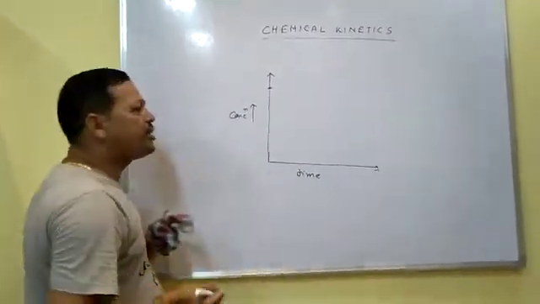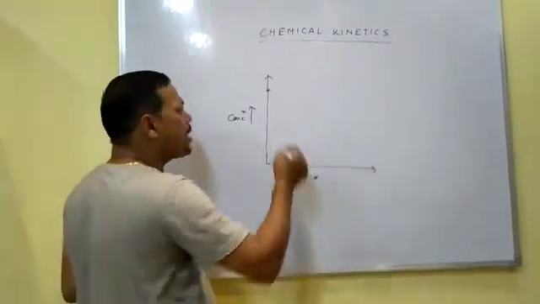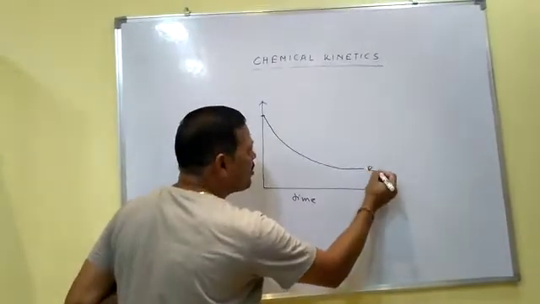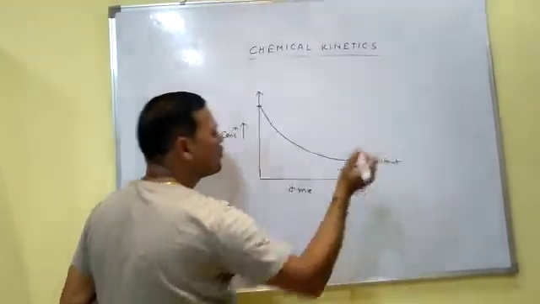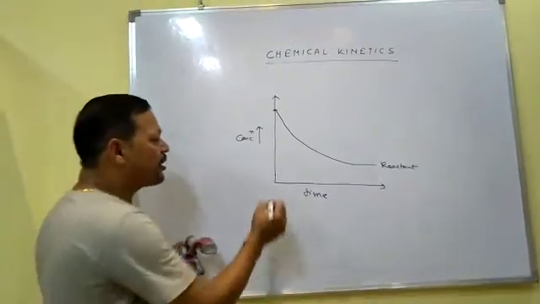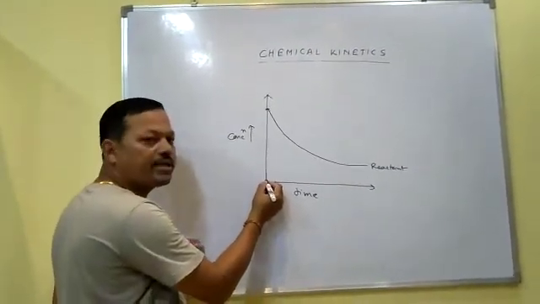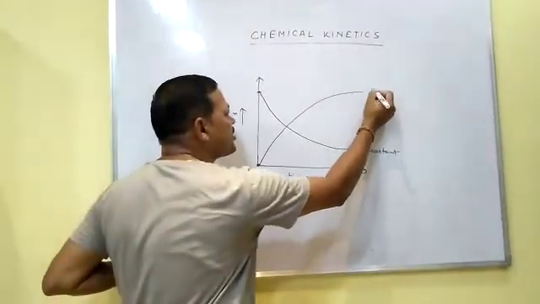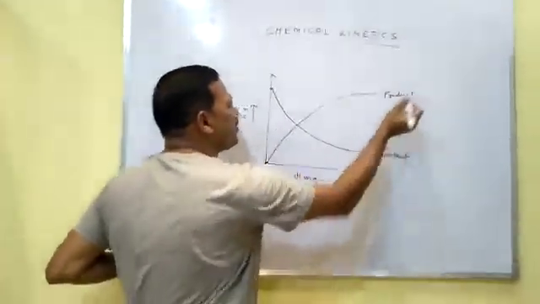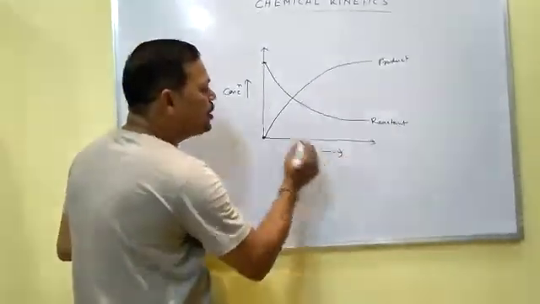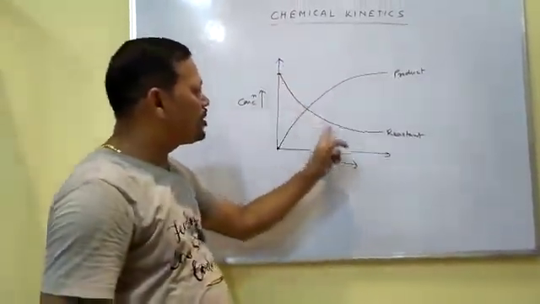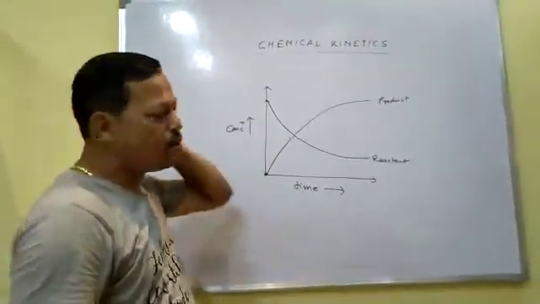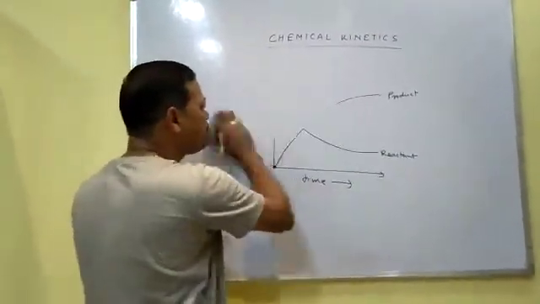As time proceeds, concentration of reactant goes on decreasing like this. This is for reactant. And initially at time 0, concentration of product is 0. As time proceeds, concentration of product goes on increasing like this. That means with time concentration of reactant always decreases, and concentration of product always increases with time like this.